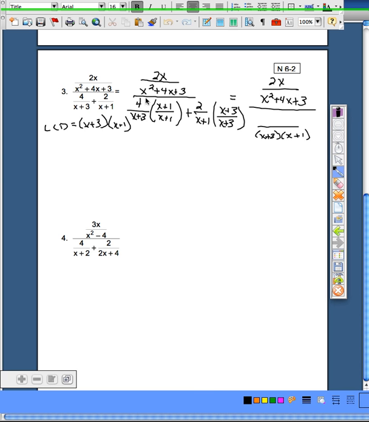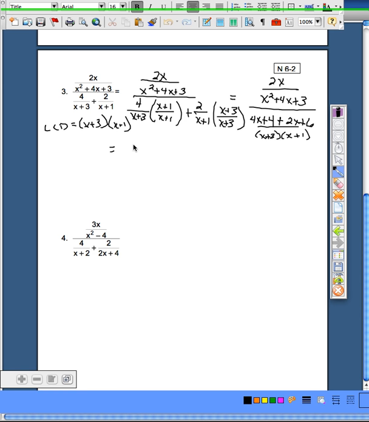This numerator has two parts. It's 4 times x plus 1. So that's going to be 4x plus 4. We're going to distribute that 4. And then this 2 is going to distribute here on this x plus 3. So that's going to be plus 2x plus 6. Okay. Now, this is going to combine to be 6x plus 10.